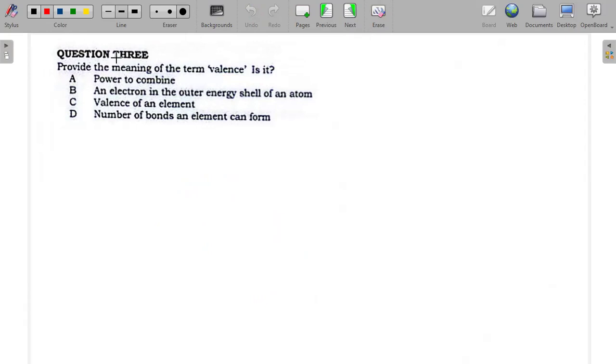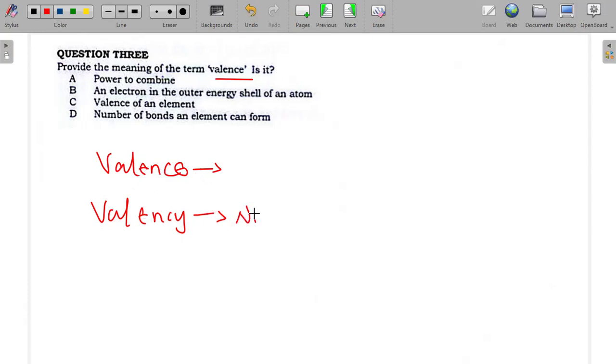Question 3, provide the meaning of the term valence. Here there's a confusion, and I hope you clear it today. There's valence, and then there's valency with the Y. What's the difference between these two? Valency with the Y refers to the number of bonds an element can form.